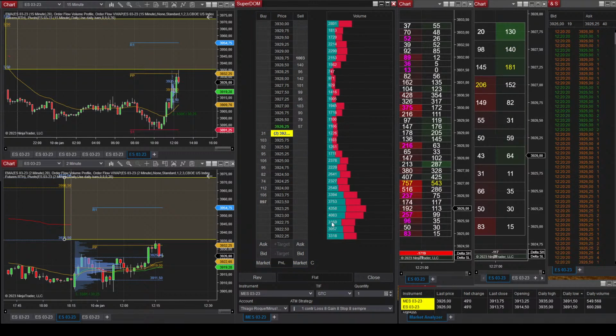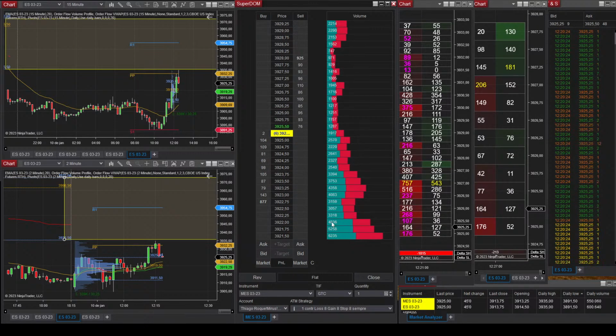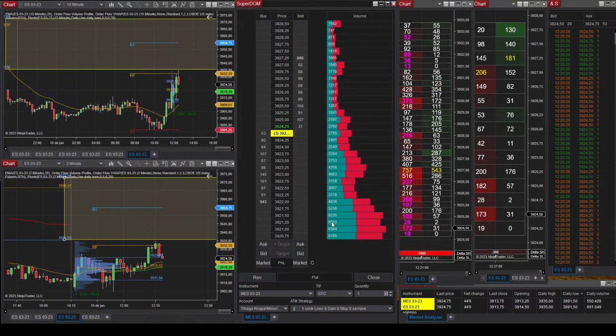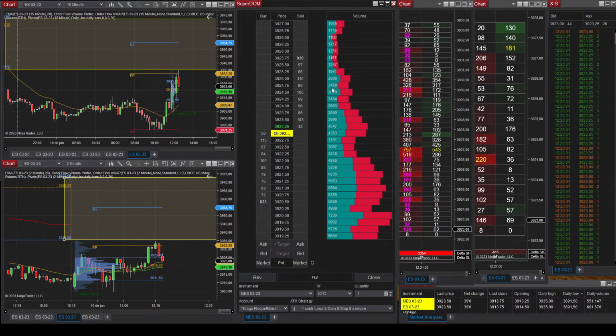This has some meaning. Look here, we're turning back to the previous range, where price has been working for a long time.